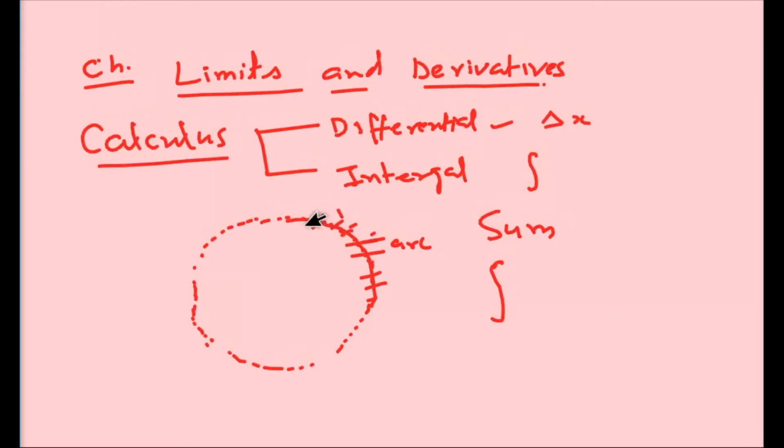So if we want to describe a circle, first we have to study the small parts in differential, and when we integrate the sum of the small parts, it may be the whole part, then this is known as the integral. So differential and integration are related to each other.